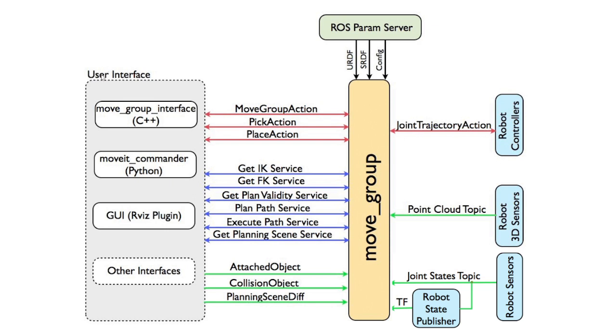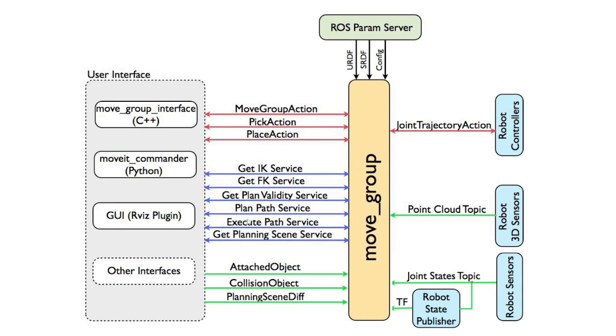MoveIt provides a user interface, and we will need to use the objects of C++ and Python, and of course we're going to have a GUI that is going to be an Rviz plugin, and each group interface and MoveIt commander will interact with the MoveIt group with some action, for example the move group action, the pick and place action, and so on and so forth.